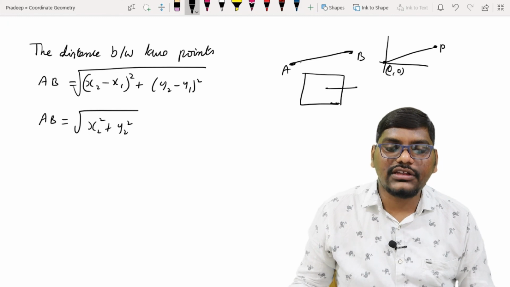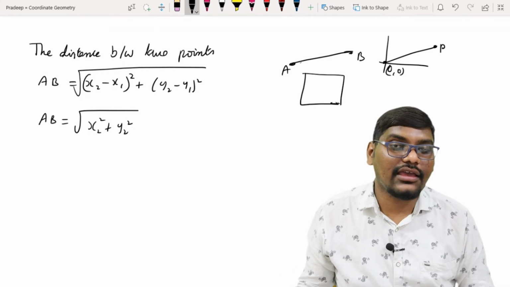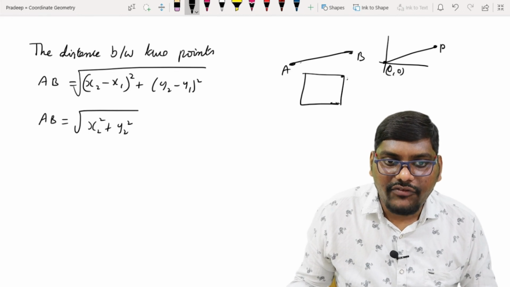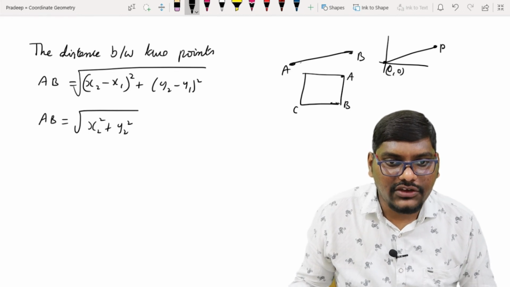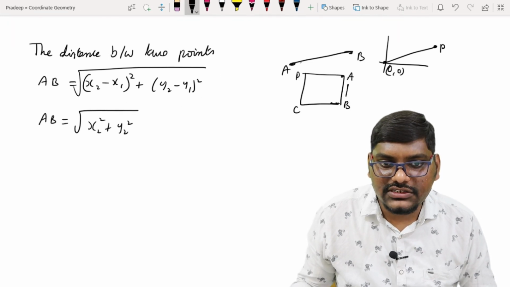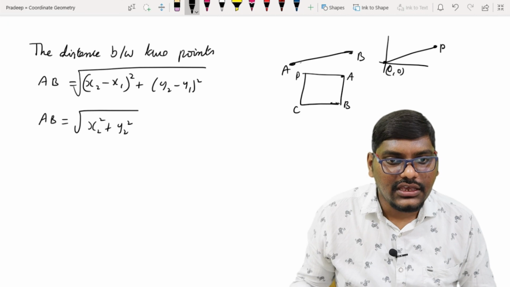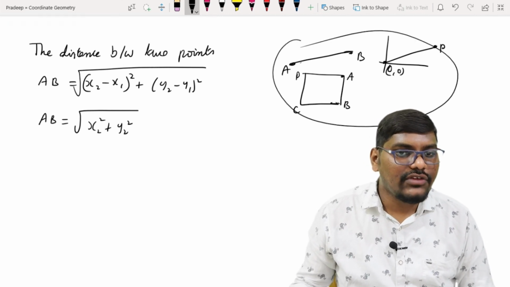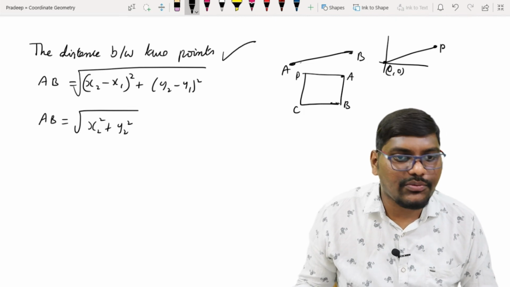To find out whether the given figure is a rectangle or a square or any other figure, we will find out the distance between 2 points. So we'll use the same formula. Then we will find out the distance from A to B, B to C, C to D and D to A. So this is what we use for the distance between 2 points formula.